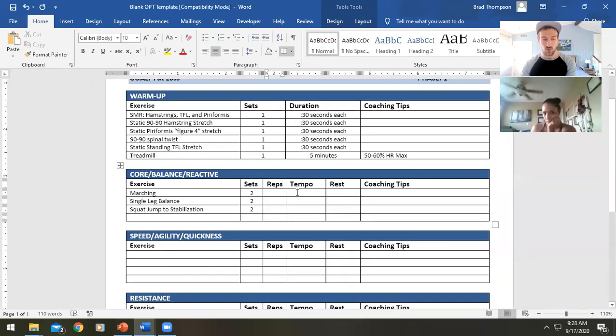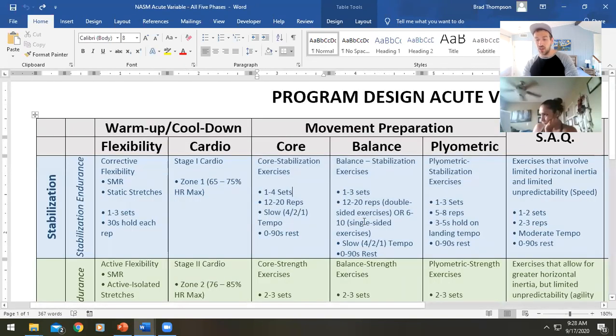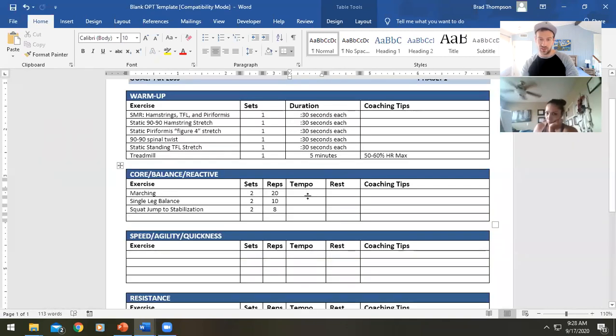So let's go 20 for marching, 10 for single leg balance, and 8 for squat jump to stabilization. My tempo is going to be slow, slow, and a 3 to 5 second hold on my landing.